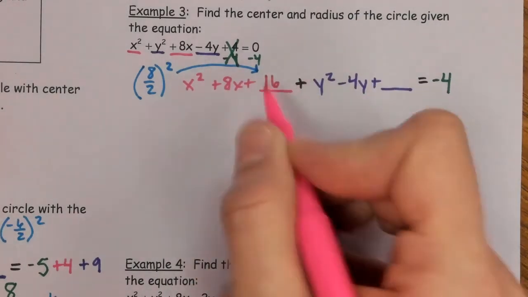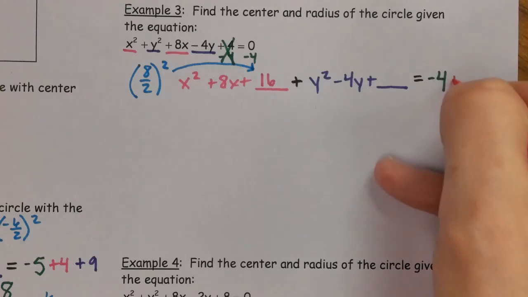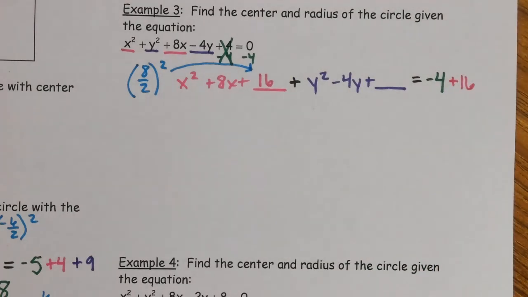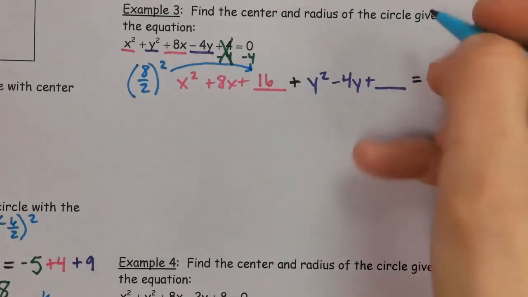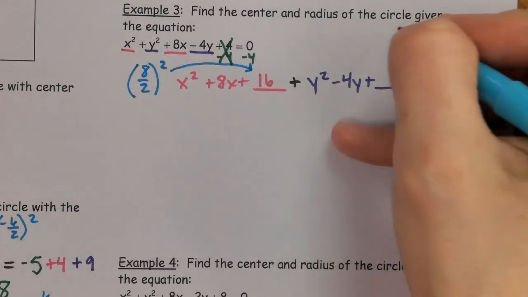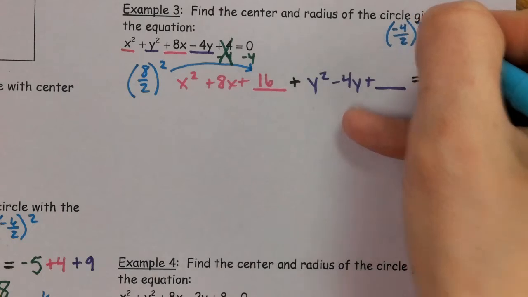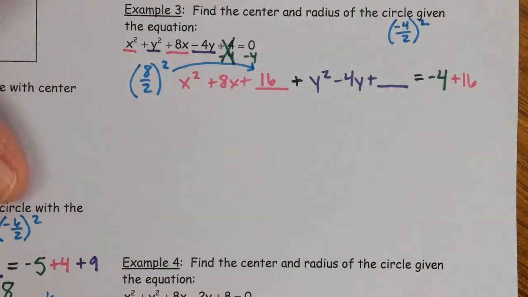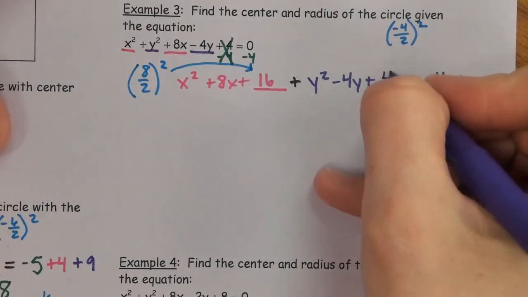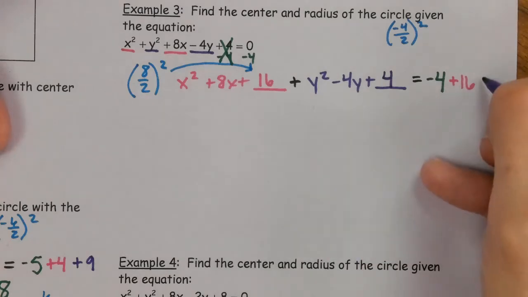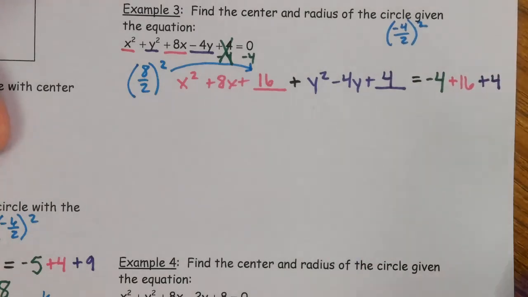If I add anything over here, I need to bring it over here to the right side as well. Then we go over here to our y's. We have negative 4 over 2 squared. So we're going to wind up adding 4. Unbalanced. Let's balance it out. Bring them over here too.